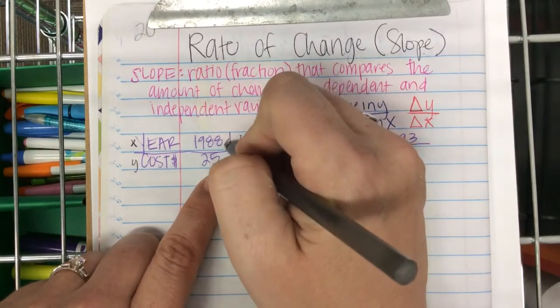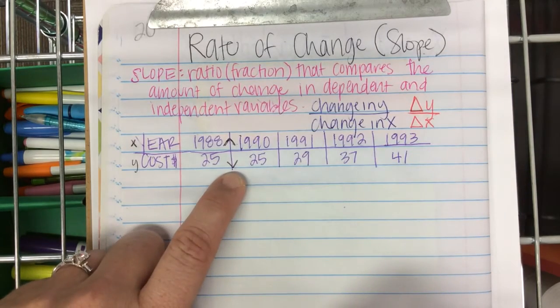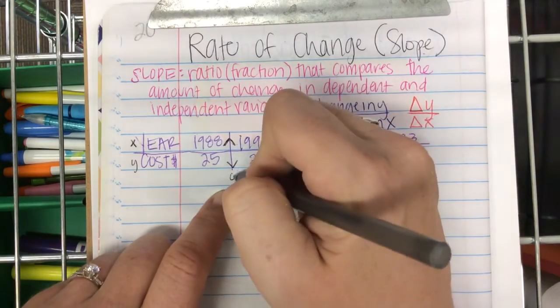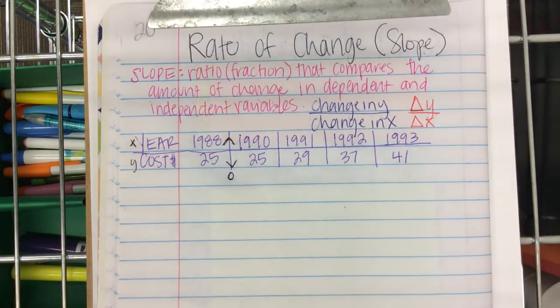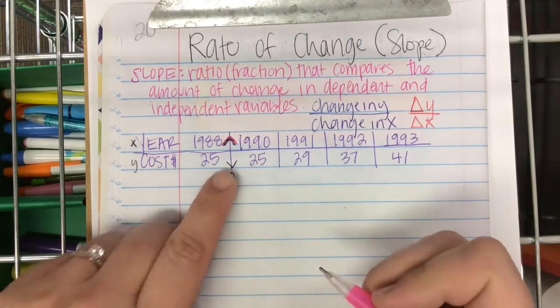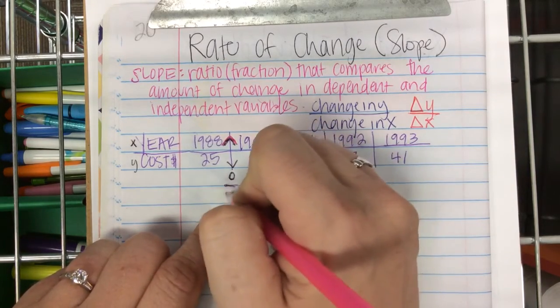So let's find our change in Y. From 25 to 25, what happened? 0. I'll change colors. And from 88 to 90, what was the change? +2.